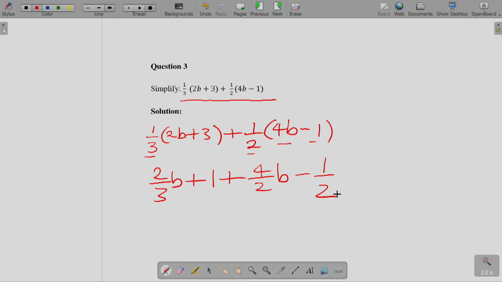If you simplify it, we'll get 2 over 3b plus 1 plus 4 divided by 2 will get 2b, minus 1 over 2.